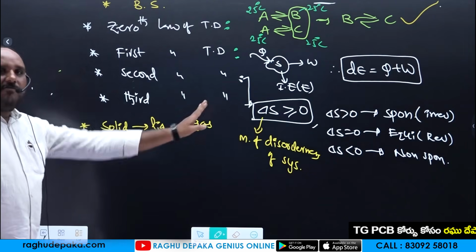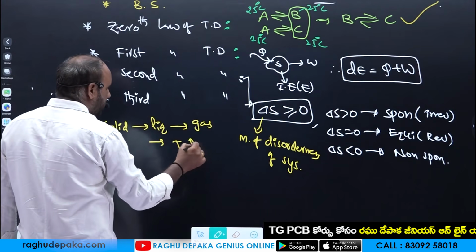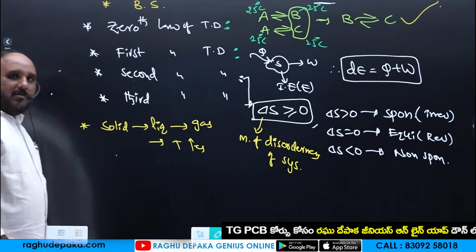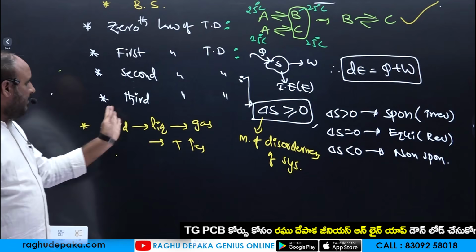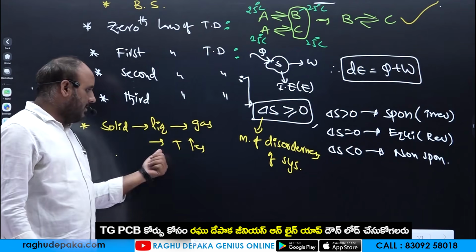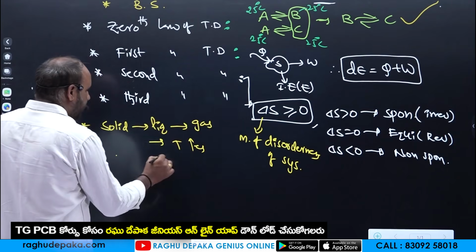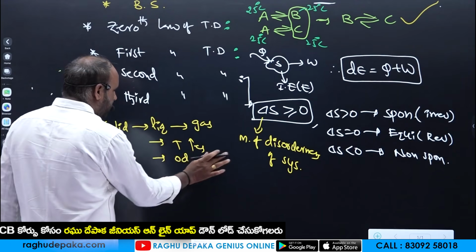Whenever a solid is converted to a gas, what about temperature? The temperature we have to raise. By raising the temperature, solid will be converted to liquid, and liquids are converted to gases, right? Temperature increases. When temperature increases, what about orderness?